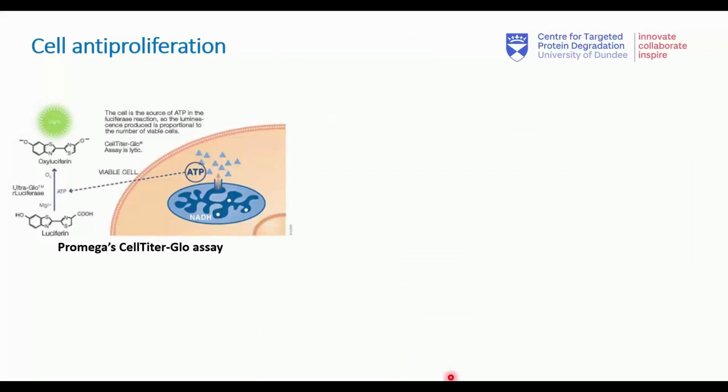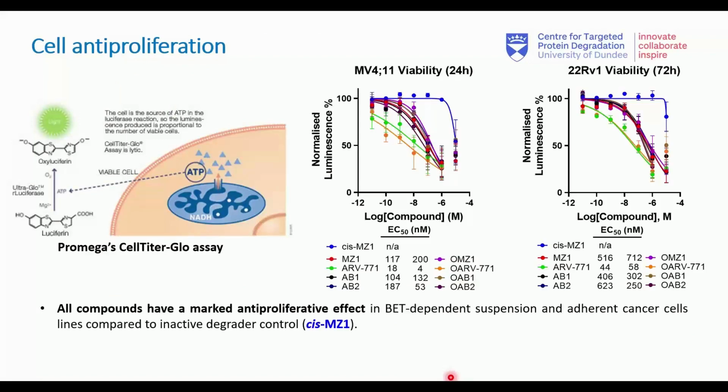We next wanted to test these compounds for cytotoxicity in BET-sensitive cell lines. So we chose to use MV411, which is a leukemia suspension cell line, and then 22RV1, which is a prostate cancer cell line. And you can see when comparing to cis-MZ1, which basically behaves like a BET inhibitor because it's inactive at the VHL end of the molecule, that we see this huge left shift between degradation and inhibition, and they have a marked anti-proliferative effect in both cell lines.